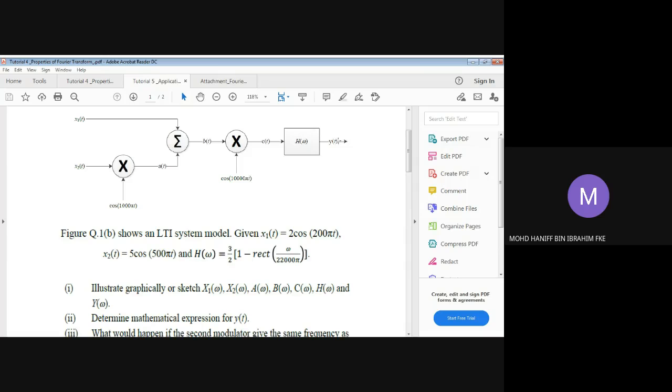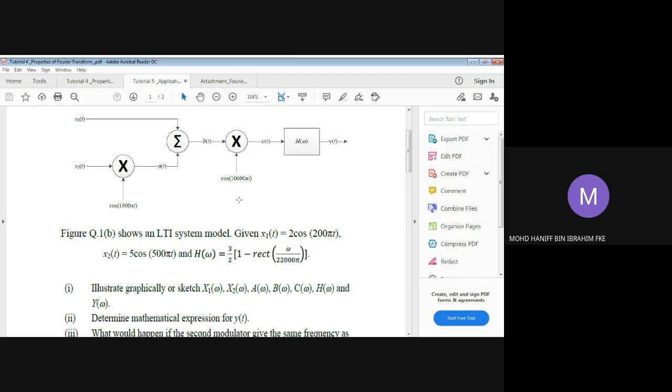including the Y(omega), or the Fourier transform for y(t). Then from the Y(omega) that you have obtained, only then can you find the mathematical expression for y(t), in which H(omega) is given here, and H(omega) is basically a filter. Based on what we have learned yesterday, modulation and filters will exist simultaneously.